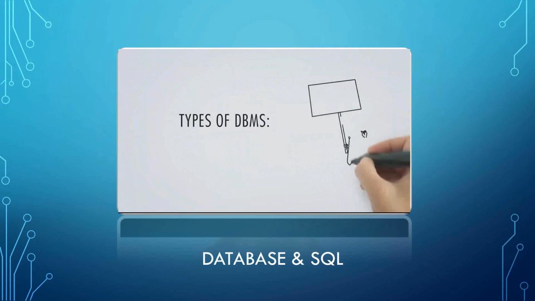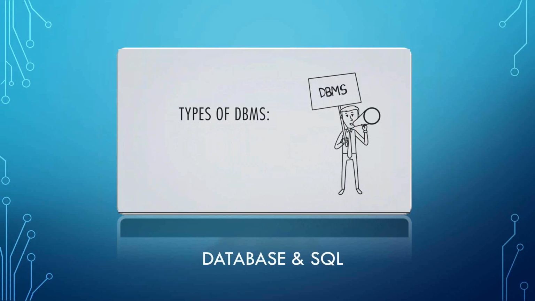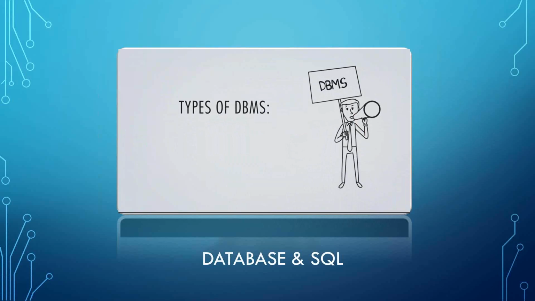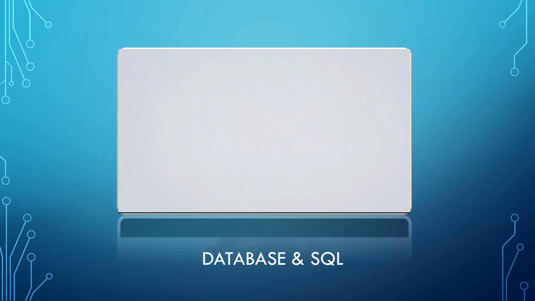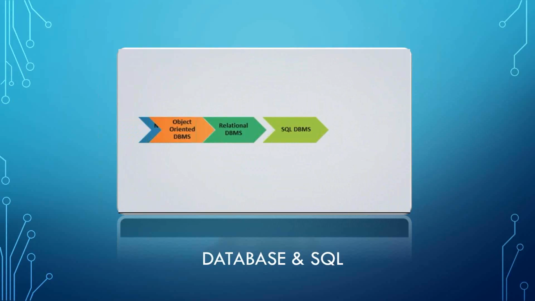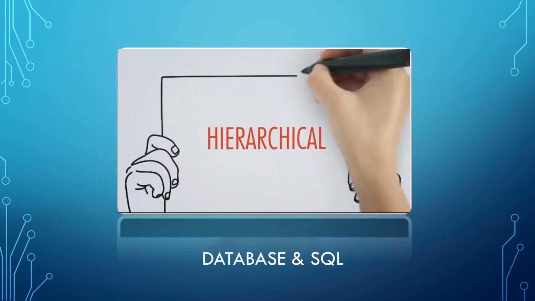Types of DBMS. Let's see how the DBMS family evolved with time. The following diagram shows the evolution of DBMS categories. There are 4 major types of DBMS. Let's look into them in detail. Hierarchical.